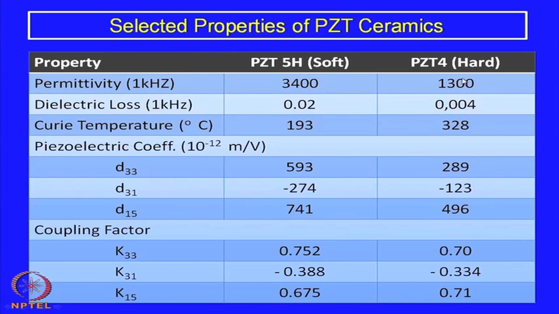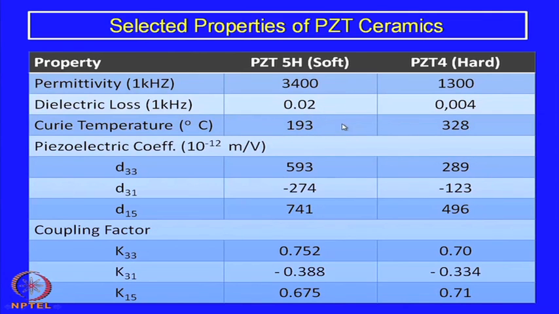So, hard PZT means it is difficult to pole, poling needs higher voltage, and however once you have polarized it, it is difficult to depolarize it, whereas this needs relatively low voltage, and also the Curie temperatures are different. Okay. So, Curie temperature, for example, you can see here this is much higher, 323, whereas this is 193.